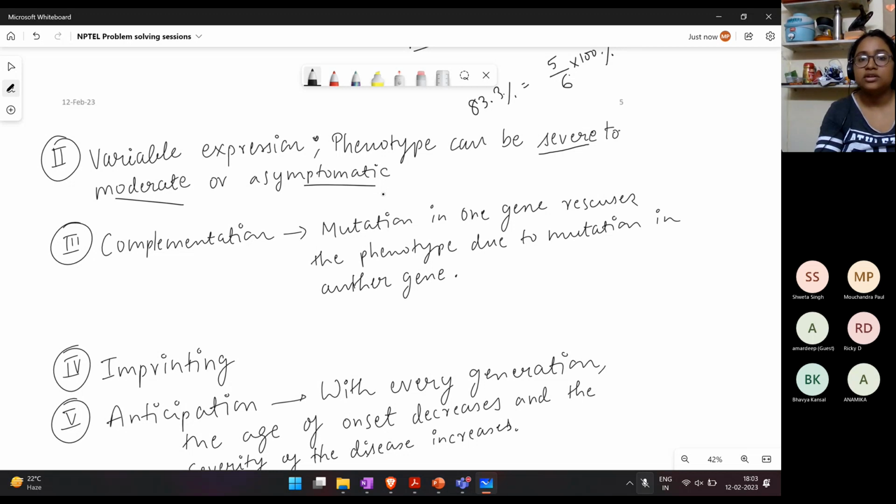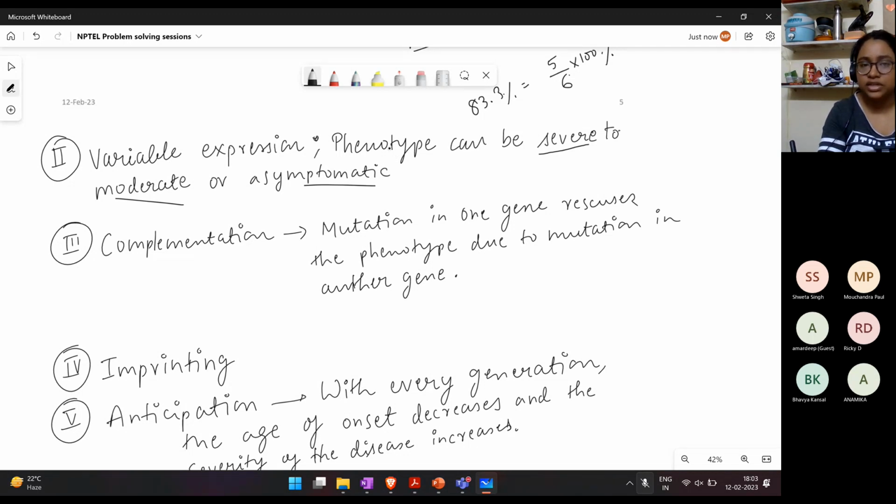So what was happening in the previous example, for the second generation, the 5th individual, he was a carrier, he was asymptomatic and he was not showing any expression.